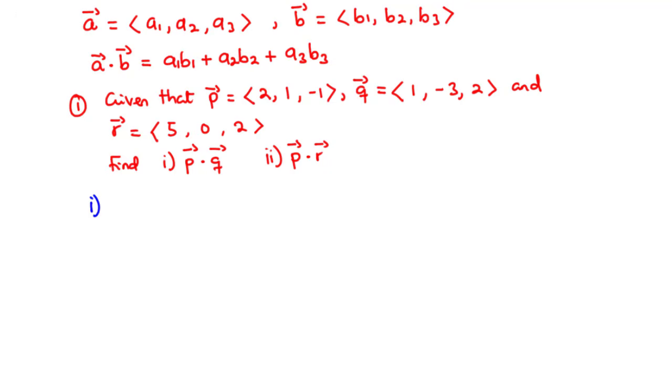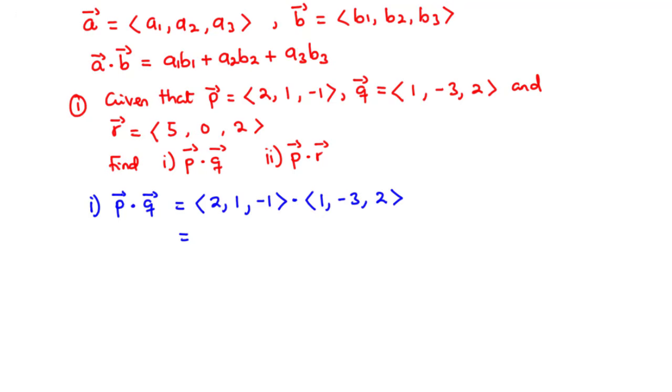Now the dot product of vector P and vector Q, which is given by P dot Q, is equal to, now we have the components of vector P to be 2, 1, -1, and the components of vector Q also to be 1, -3, 2. So basically what we are going to do is to multiply corresponding components and then sum them up.